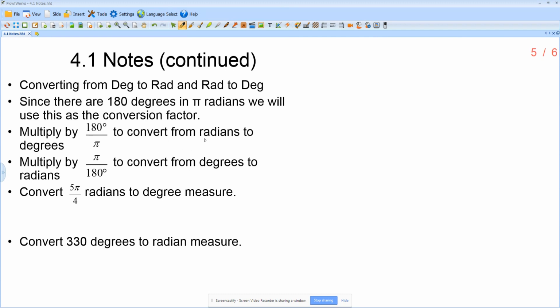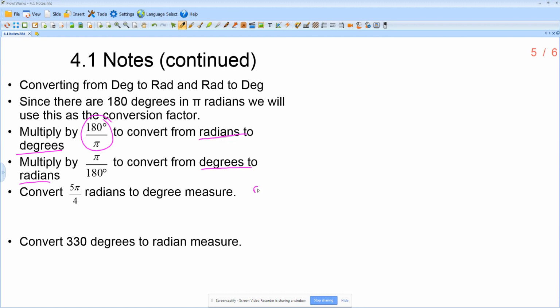So if I want to go from radians to degrees, I'm going to multiply by 180 degrees over pi, so that whatever radians I had will end up canceling, and I'm going to be left with degrees. If I want to go the other way and get rid of degrees, I'll have degrees in the denominator, so pi over 180.